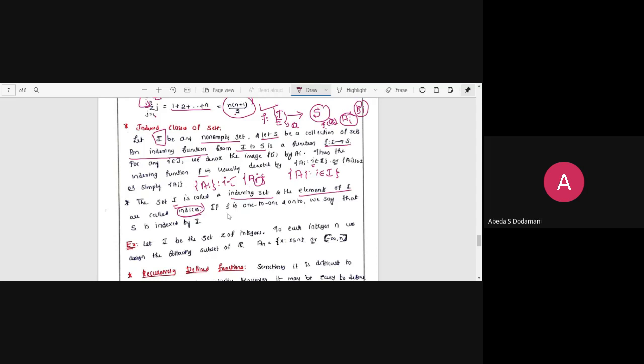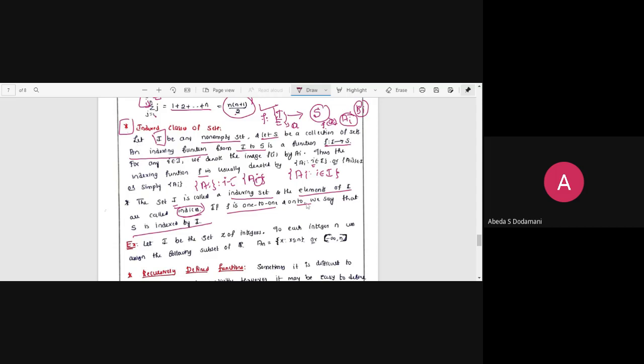If f is one-one and onto, we say that S is indexed by I. If the function you define is both one-one as well as onto, then this collection of sets is indexed by the given set I. It is just a notation, just remember it.